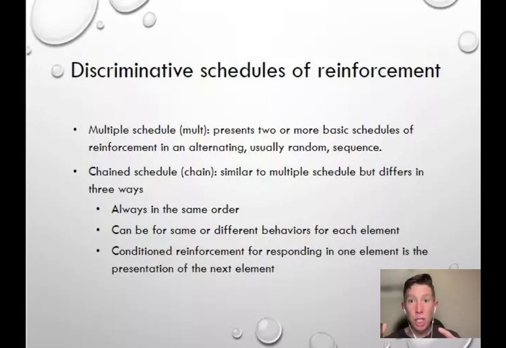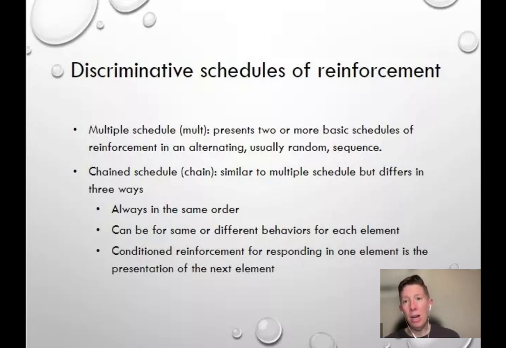And then I think of a chain as clean, right? If a chain's on the ground and it's all mixed up in a nasty pile, if you pull it straight, it immediately becomes a chain again. It's pretty hard to knot up a chain. And so it's very easy to see which one's in which order, which is what makes me think of a chain schedule of reinforcement: always in the same order and multiple schedules connected.